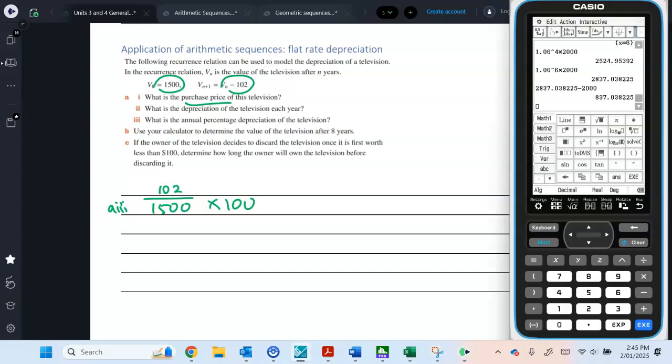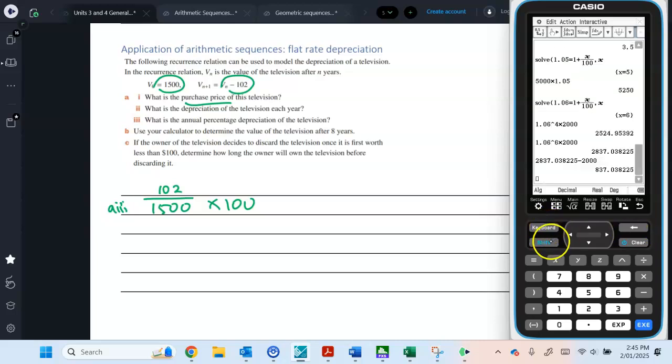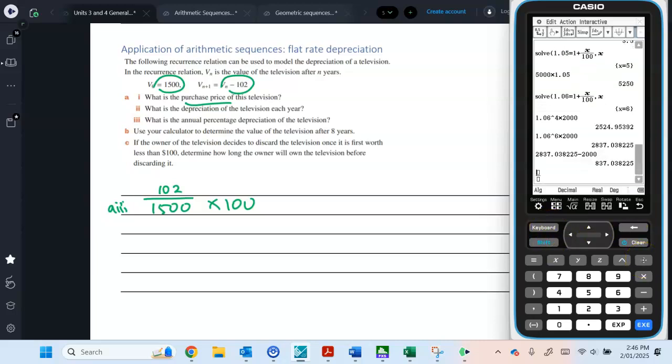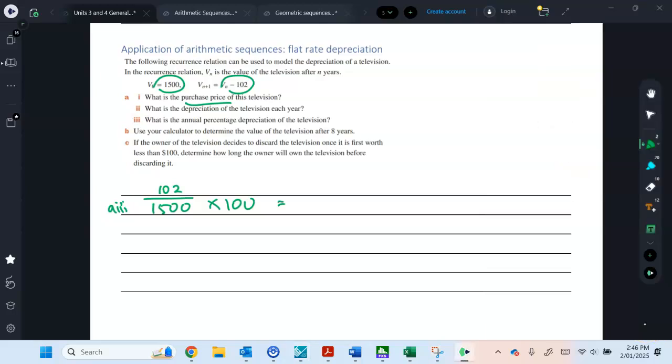I know I'm rushing a little bit, but you can pause me, you can slow me down, do whatever you like. All right, so 102 over 1,500 times 100 to put it into a percentage, so 6.8%.